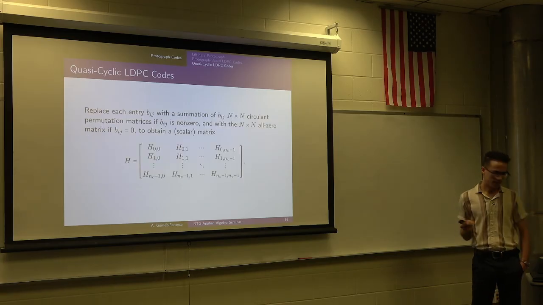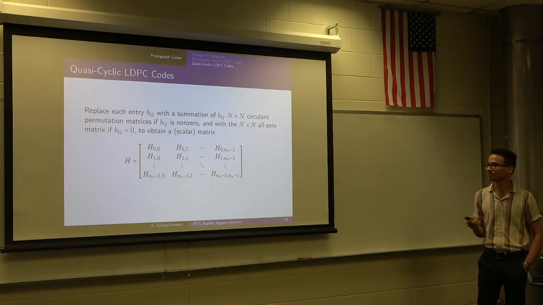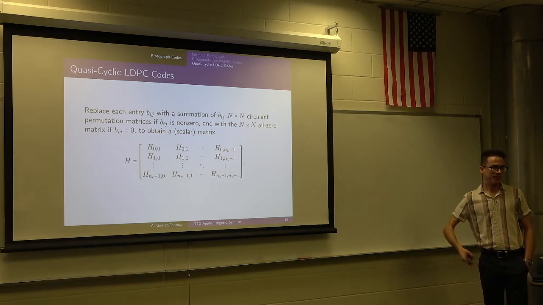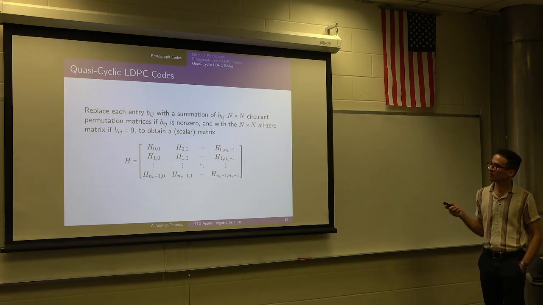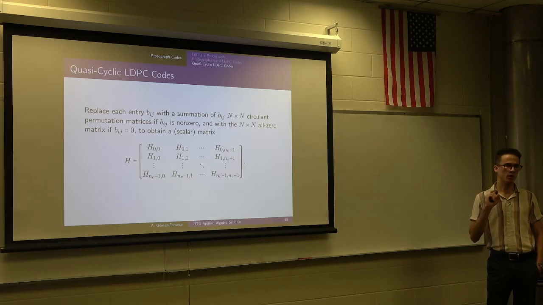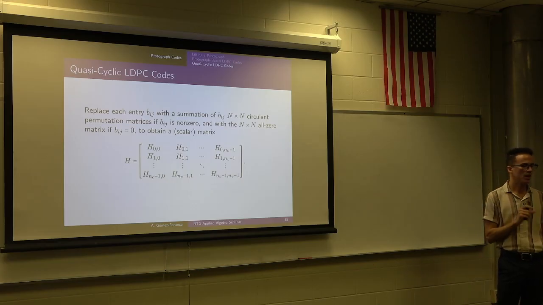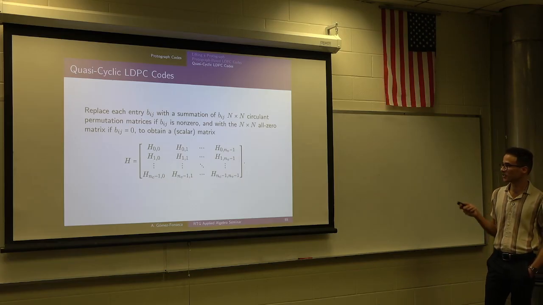And to give you an idea how this construction works, in the process of replacing the entries Bij of your protograph with permutation matrices, now you impose the condition that those matrices are circulant.